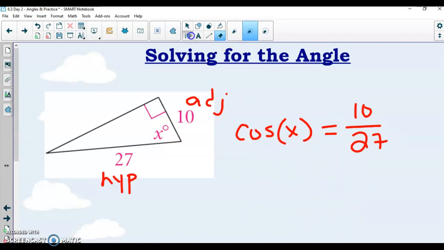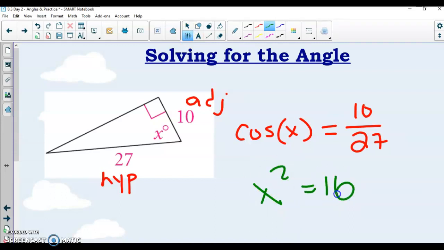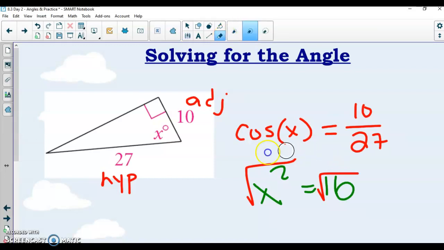If we had something that said x squared equals 16, well, how do we undo a square? Oh, we take the square root of both sides, right? Because the square root is the opposite, or the inverse operation, of squaring something. It's a very similar idea to the trigonometry that we're doing here.